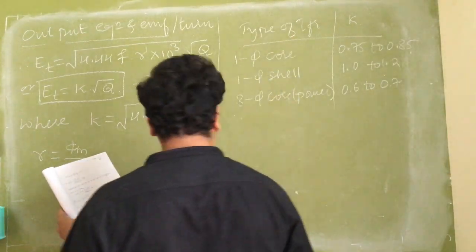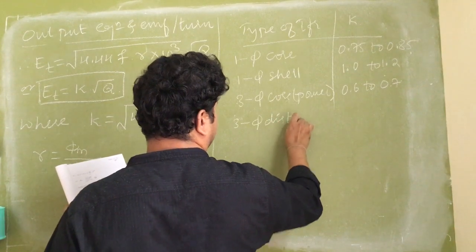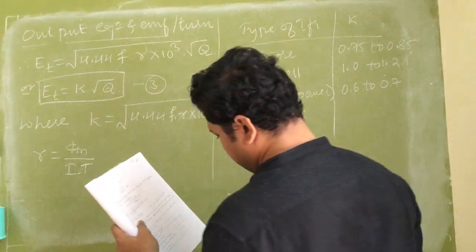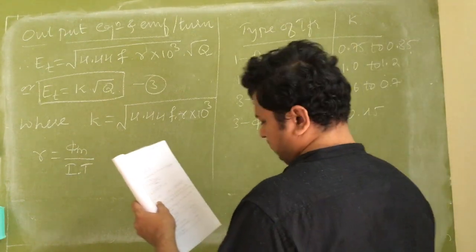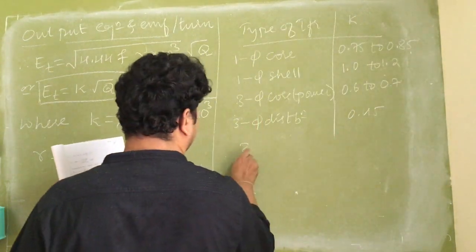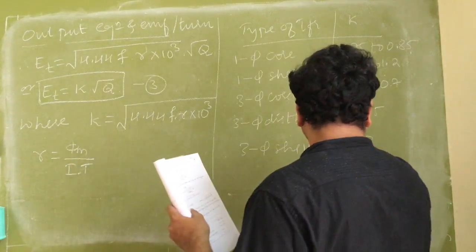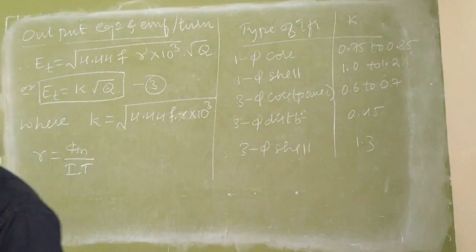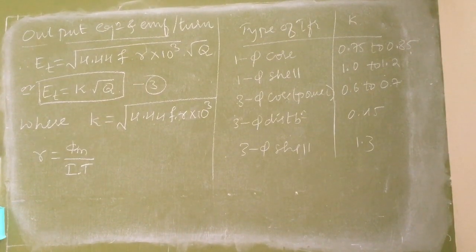For three phase core distribution, 0.45. Three phase shell, 1.3. So these are the values of K that can be chosen if nothing is given to calculate the value of ET.